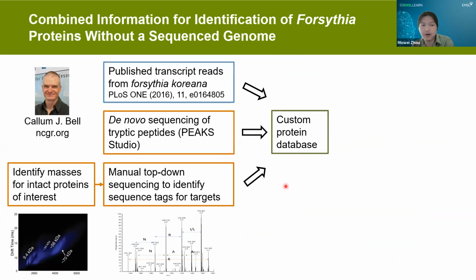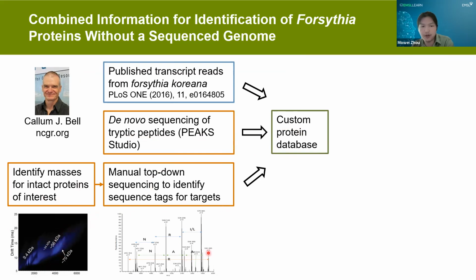So a little bit more detail on how we actually did this in this project. I also got a lot of help from Cannon Bell, who helped assemble those transcriptomics data and the de novo sequencing tryptic peptide data to give me a candidate protein FASTA database. On the top-down side, the native mass spectrometry data helped us target what masses we were going after, just by looking at what complexes or proteins we detect.